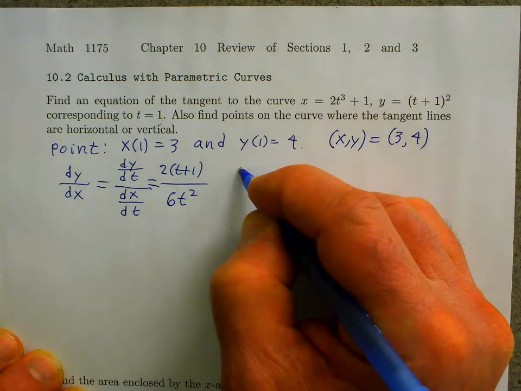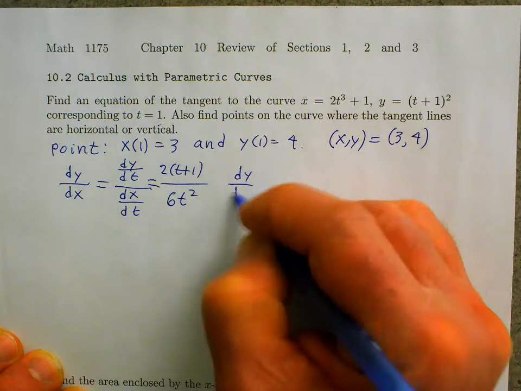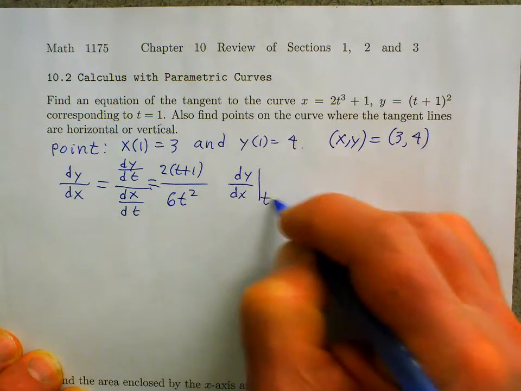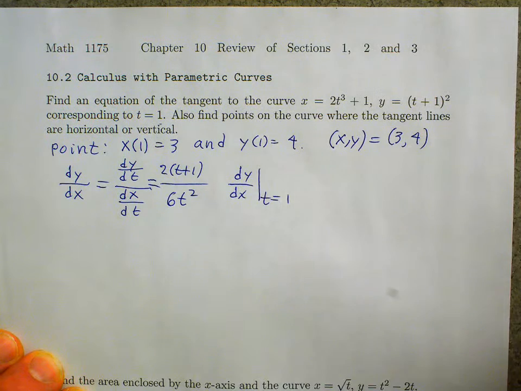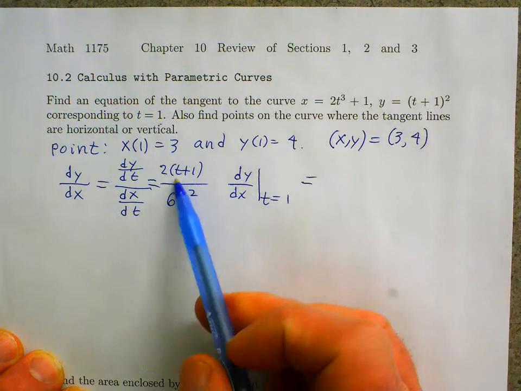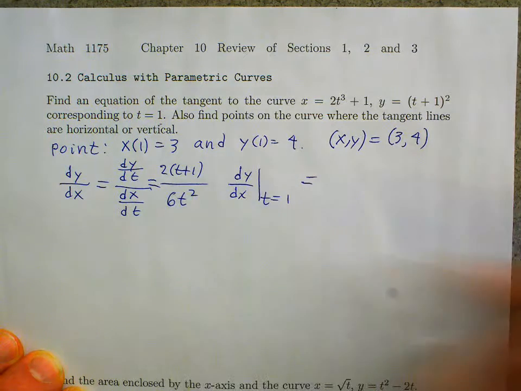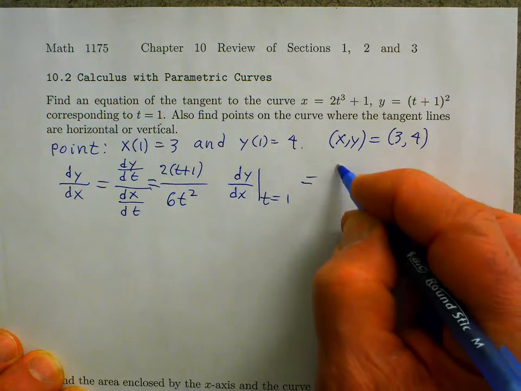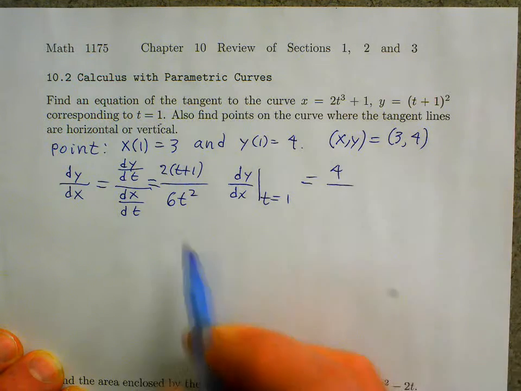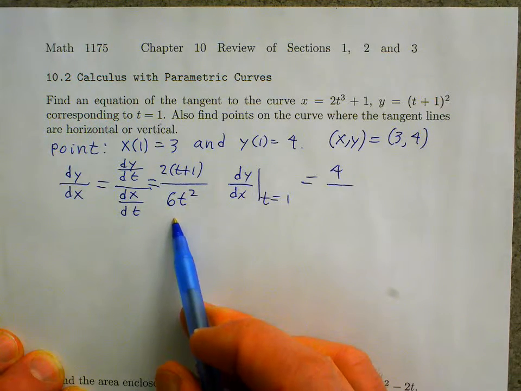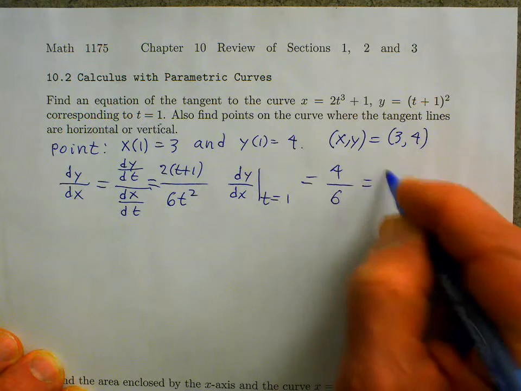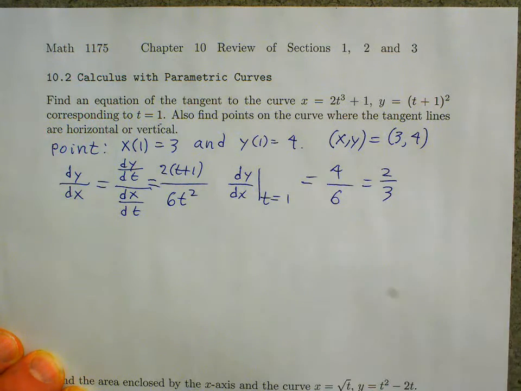Then we evaluate this when t equals 1. So 2 times the quantity 1 plus 1, 2 times 2 is 4, and divided by 6 times 1 squared is 6. So the slope of the tangent line is 2/3.